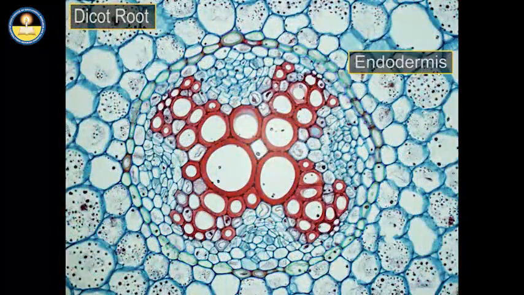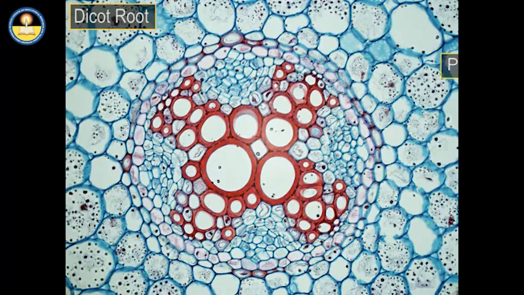Endodermis is one cell thick layer that forms a boundary between the cortex and the vascular cylinder. The endodermis facilitates the movement of water from cortex to inner tissues. Pericycle is a single-celled layer made up of thick-walled, tightly packed parenchyma or sclerenchyma cells that lies just inside the endodermis.